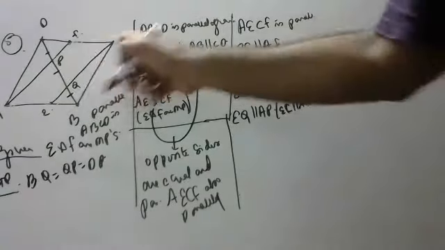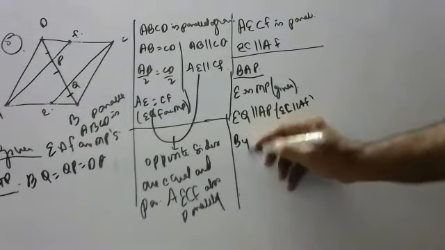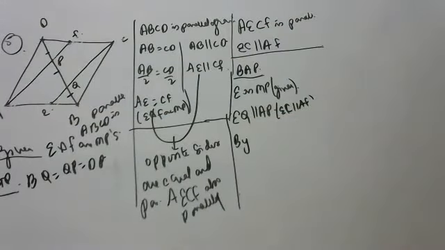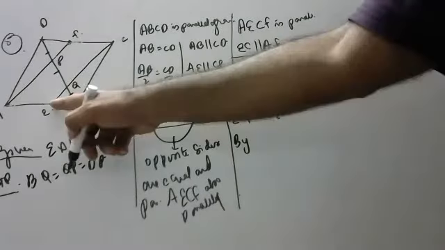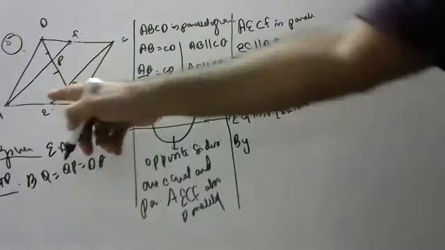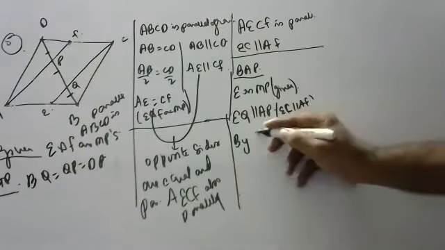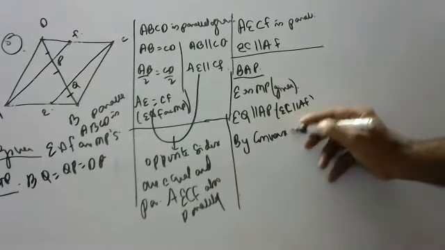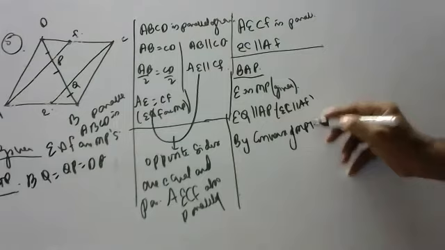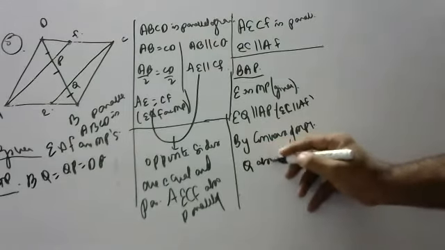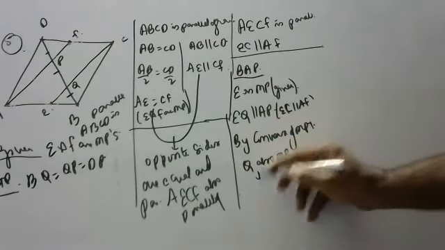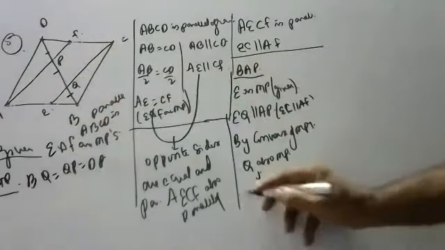This whole line is parallel, and this small line is also parallel. Can anyone say what I should write by? By the midpoint theorem. This is the midpoint, this is parallel. By the converse of the midpoint theorem, Q is also a midpoint. If Q is also a midpoint, BQ is equal to PQ.